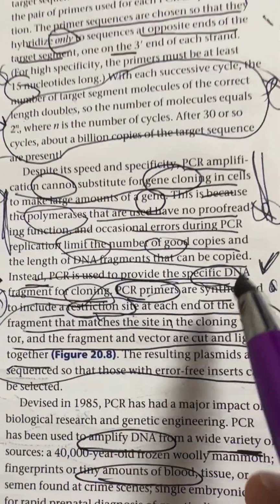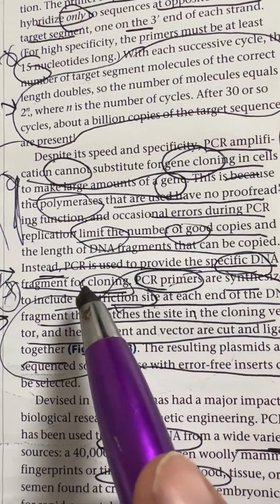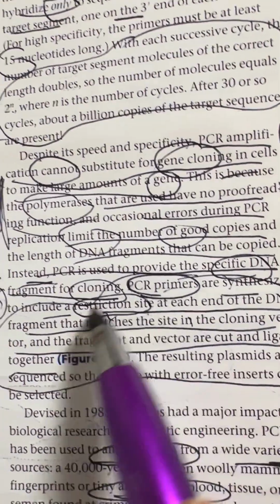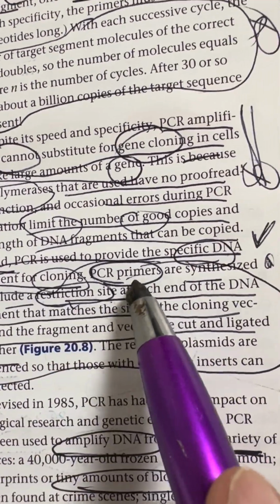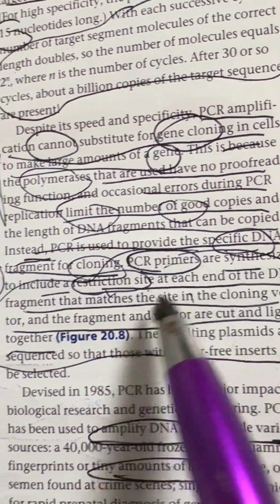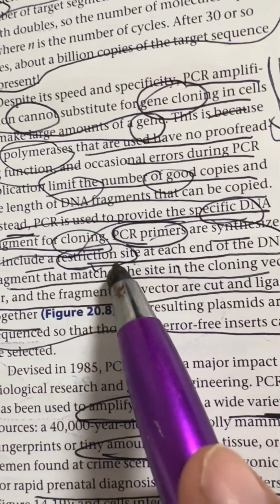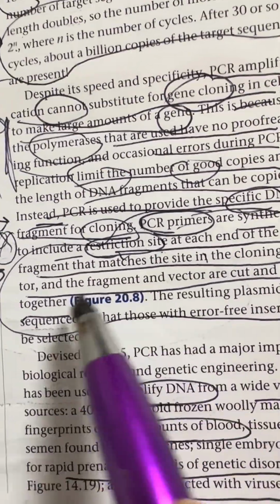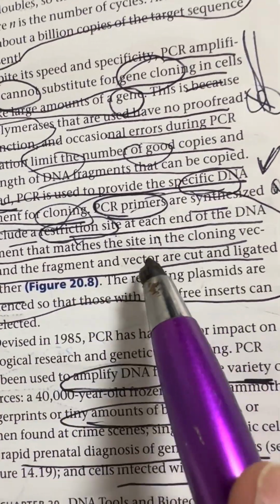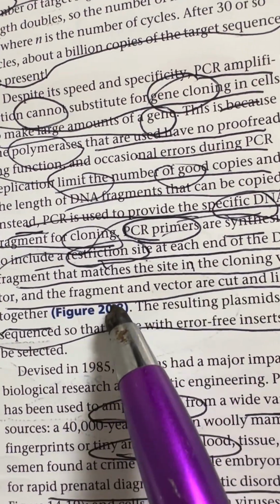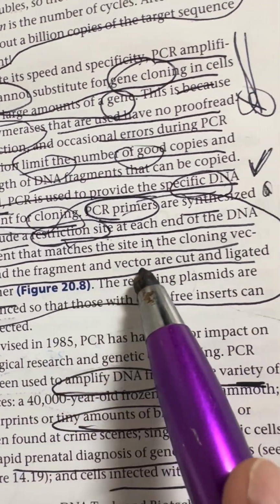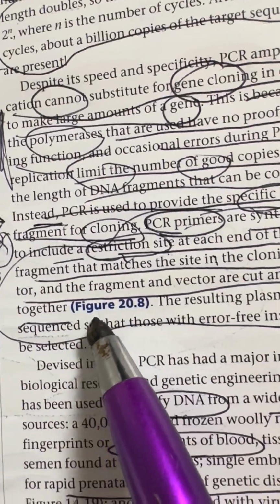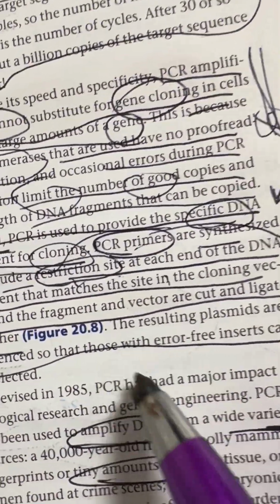So basically, instead of using PCR to provide the specific fragment to clone, the PCR primers are synthesized to include a restriction site at the end of the fragment that matches the site in the cloning vector, and the fragment and the vector are cut and ligated together.